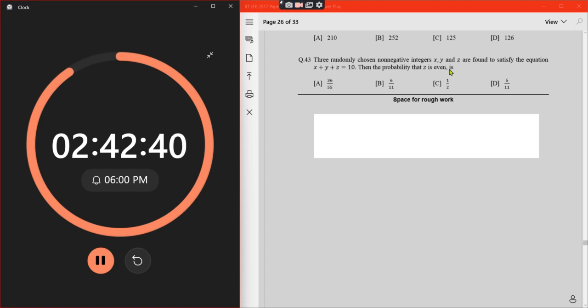Yeah, because of the randomness, every case has a similar chance, right, then it is equally probable, you can do this thing. The probability that z is even is whatever. If z is even then x plus y has to be some kind of even number, okay. All cases will be equally probable, right? So the total number of even cases over the number of odd cases. Suppose z is even, then how many cases will come?